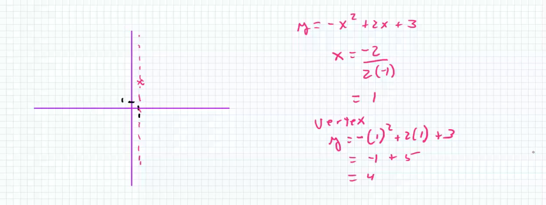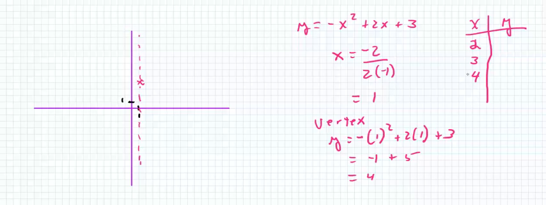Now we make a table of values. And you can do this, if you're good, without showing any work. I need x to be 2, because I'm going 1 over, 3, and maybe 4. We'll see.